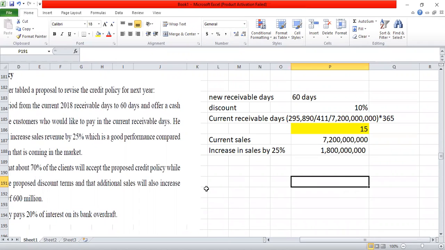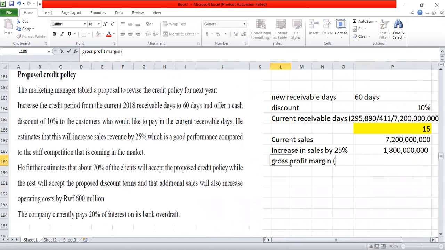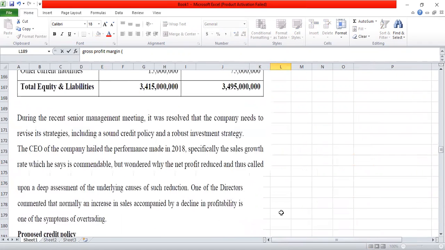So from this information, you can get the gross profit margin, because the question did not give us the gross profit margin, but we can get it from here.